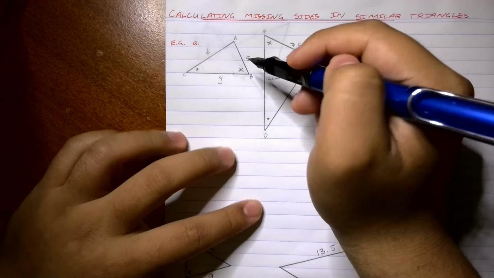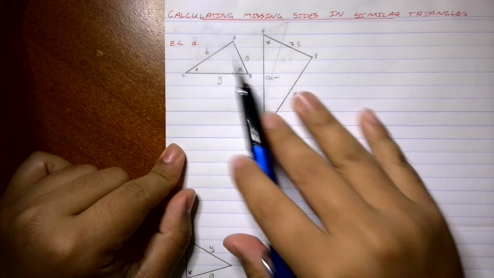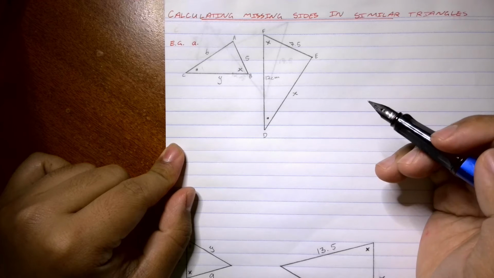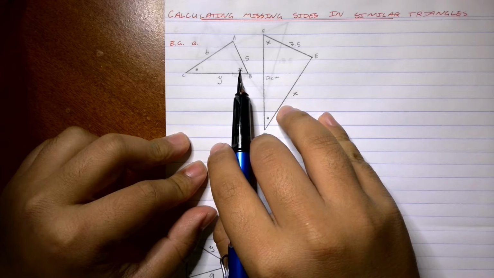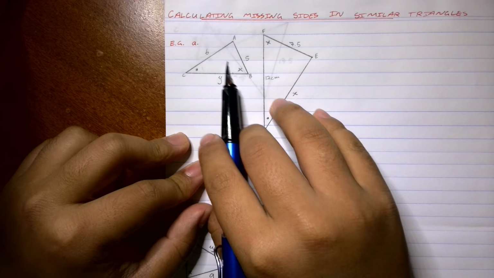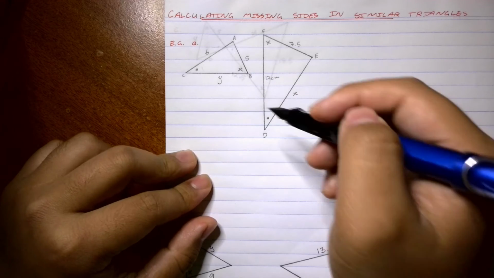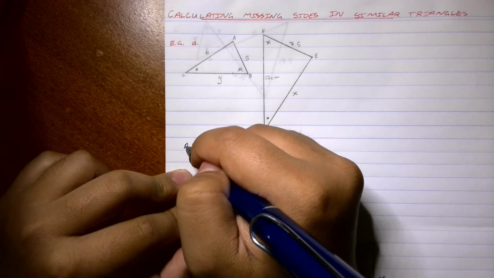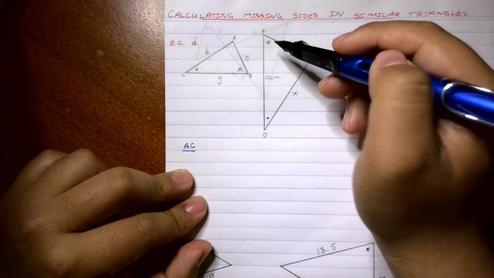In this first method, I'm going to be using the proportion between both triangles, and I'm going to do that by doing the following. Take a look. This angle x is opposite the side AC. So I'm going to use that. So we have AC, and I'm going to put it over.